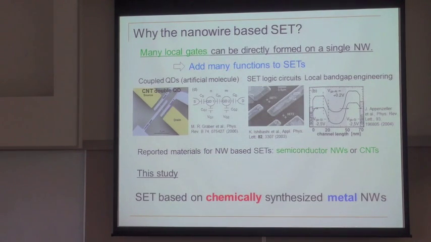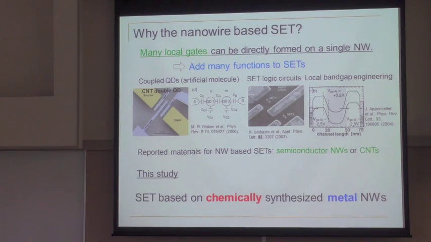One of the reasons why the nanowire-based SET is attractive is that many local gates can be directly formed on a single nanowire. And using this, we can add many functions to the SET.